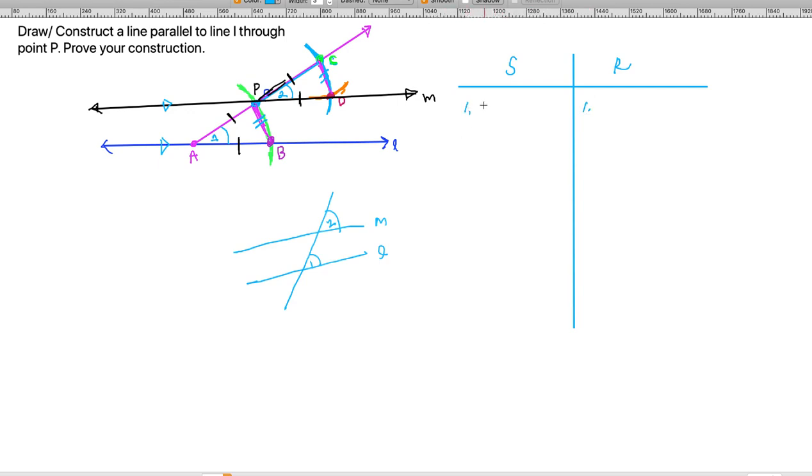We already have that AP is congruent to PC, AB is congruent to PD, and PB is congruent to CD. And this is all by construction.